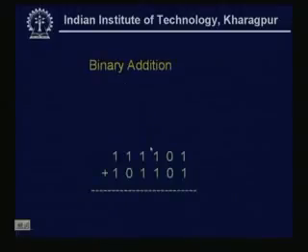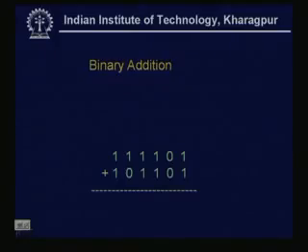Now, we see another 3 basic operations in the binary system, because from our discussion so far, mainly in computers or digital systems we will be using the binary number system.